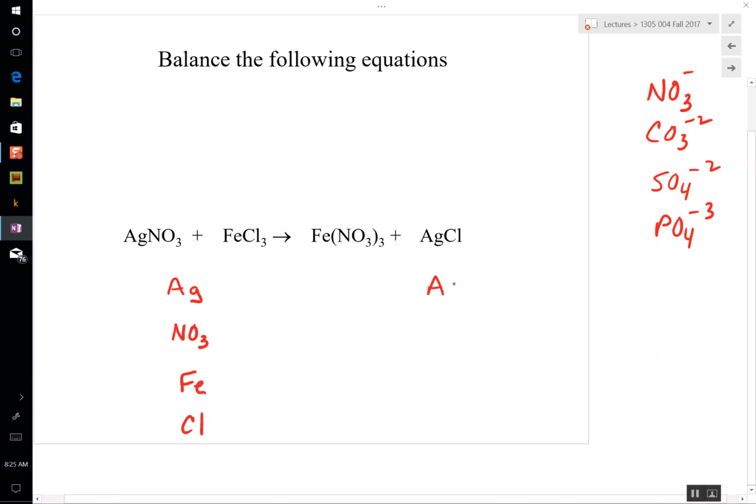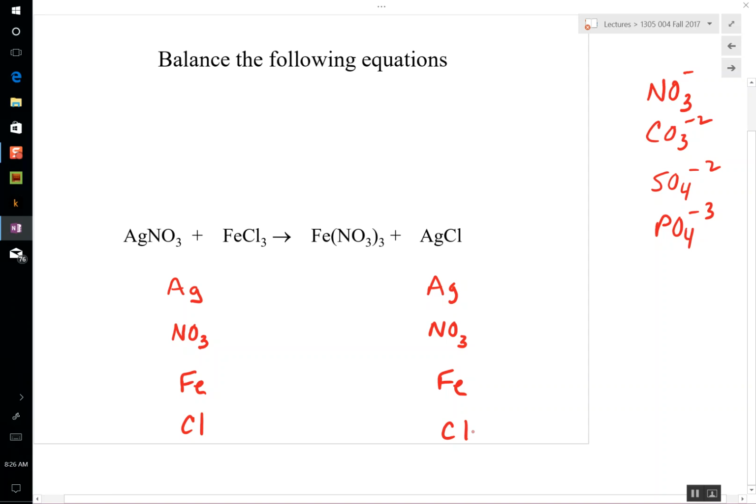And then I list, this is probably the way a bank accountant would do it. I'm not a bank accountant. But notice I make my list: silver, nitrate, iron, chloride. So I just walk along here and say, what are my elements, or what are the components of the reactants? These are the components. I draw that same list right here in the same order.